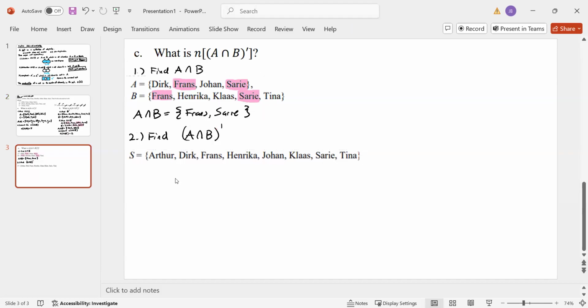Okay. So there is S, and then our intersection is A intersect B equal to Franz and Sorry. And so the complement of that, so the opposite, is basically don't want Franz and don't want Sorry.